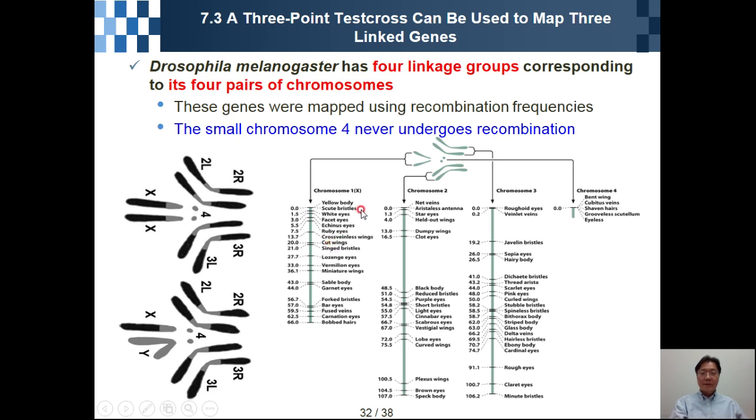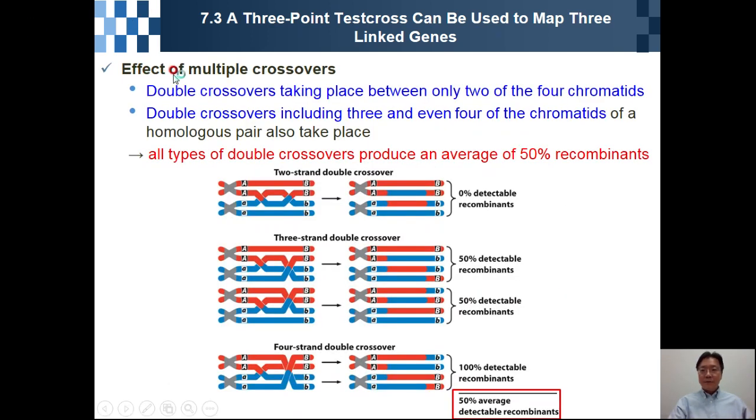In this slide, we will see the effect of multiple crossovers. Usually the double crossover takes place between only two of the 4 chromatids. In this case, initially they had large A, large B, large A, large B, and small a, small b, small a, small b.